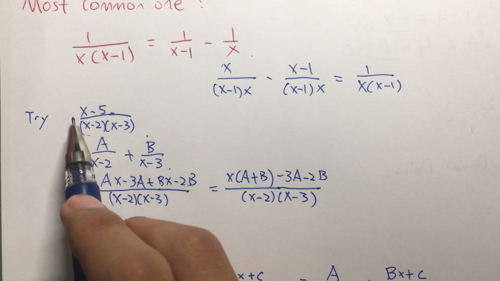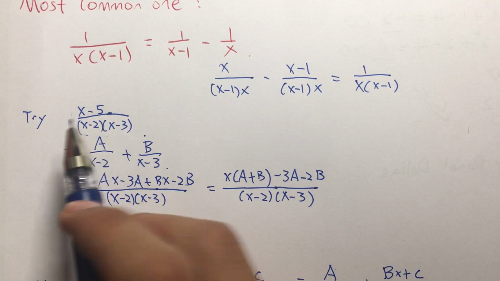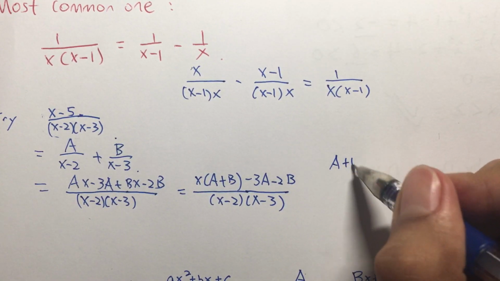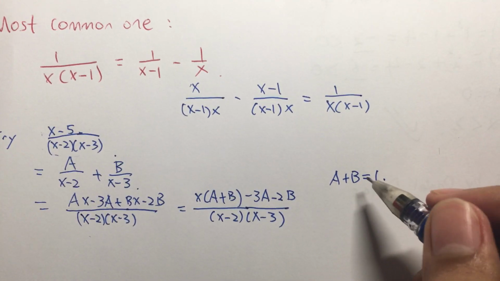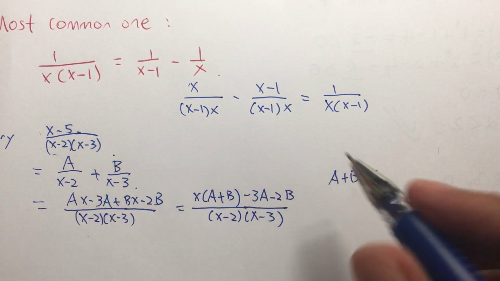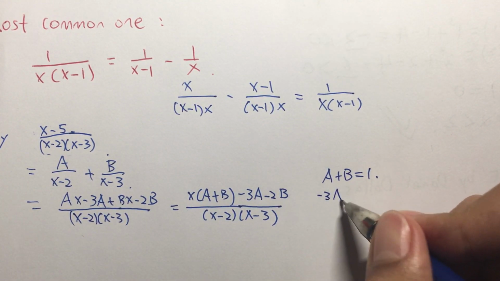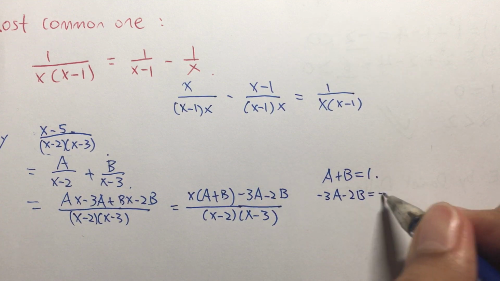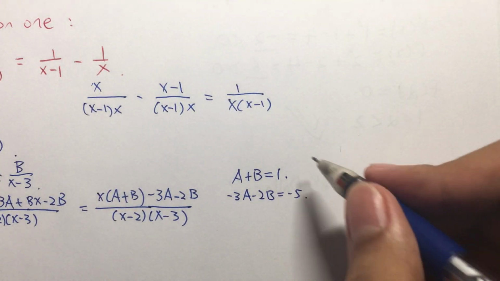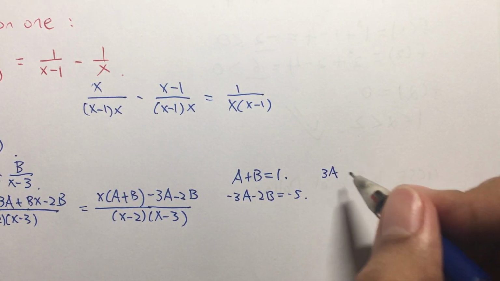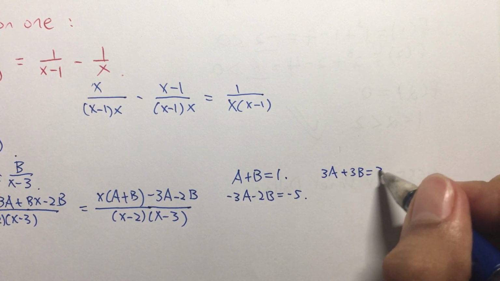And we know that here is 1, so a plus b is equal to 1. And here is negative 5, which means negative 3a minus 2b is equal to negative 5. Let's solve this simultaneous equation.